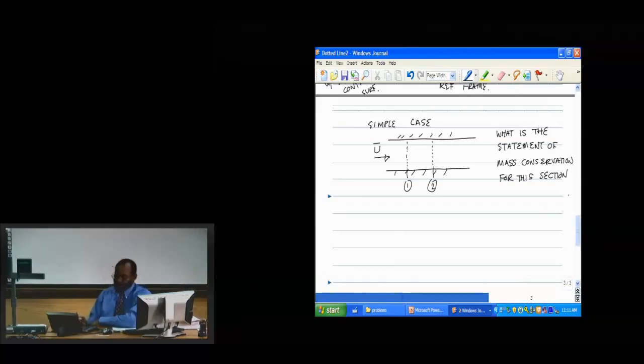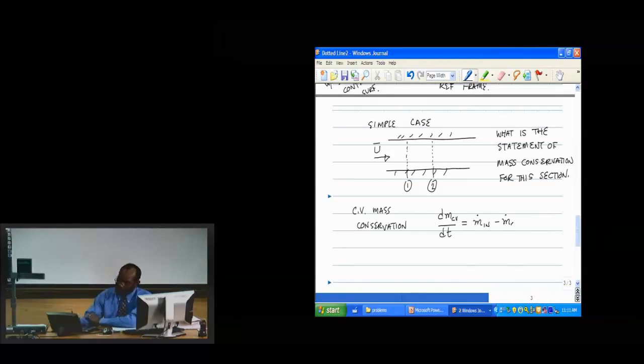Okay, so without deriving it, let's say what control volume mass conservation is. Control volume mass conservation, and this can be derived in a number of ways, says the change in mass within the control volume with respect to time is equal to the mass flow rate in minus the mass flow rate out.